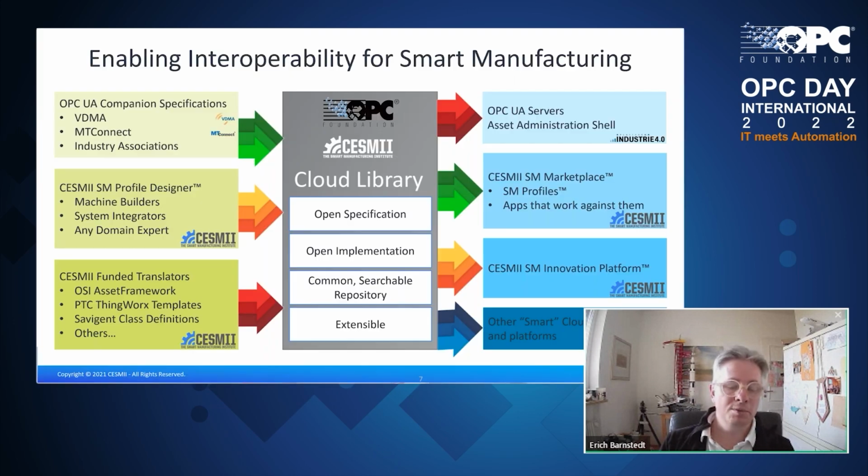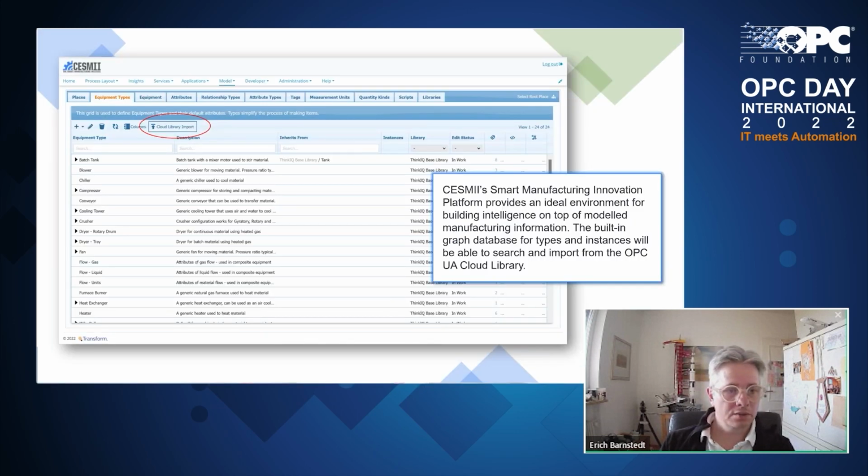First of all, obviously, Sesame, our development partner, is using it significantly in their smart manufacturing platform. They're using it as their marketplace, what they call smart manufacturing profiles, which happen to be OPC-UA information models. They're also building right now a tool, sorry, one more slide on the innovation platform.